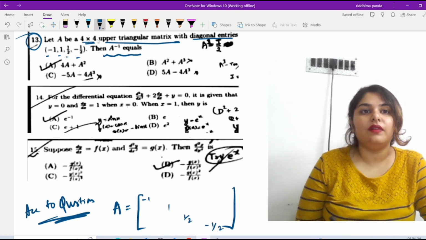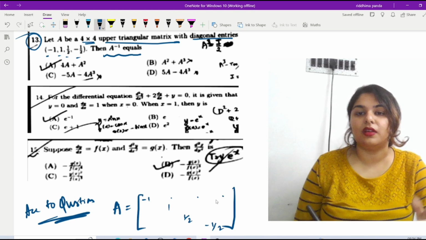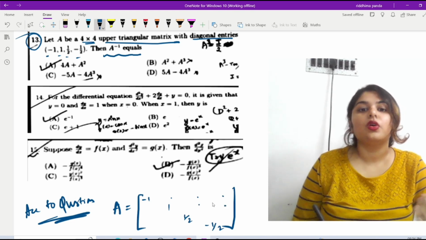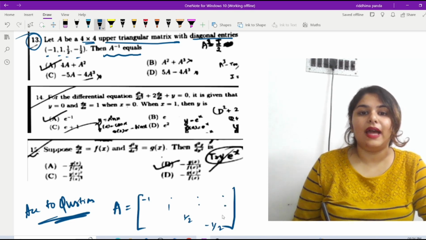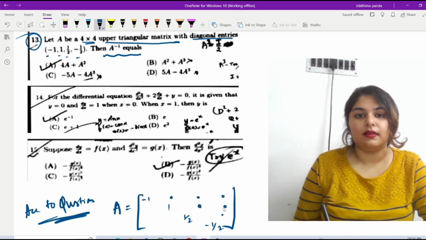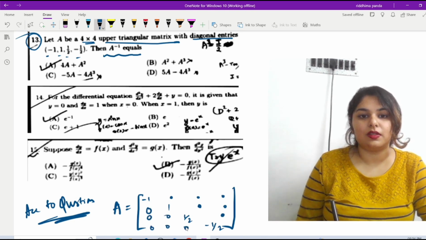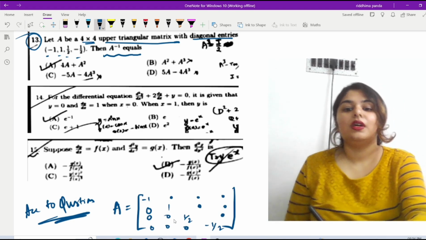Now we have only upper entries, the upper triangle, that is 1, 2, 3. There will be some values, 1, 2, some value and 1. So this is the upper triangle with some values, and the lower triangle will be all 0s. Now this is our matrix.